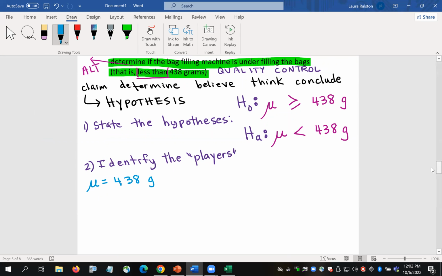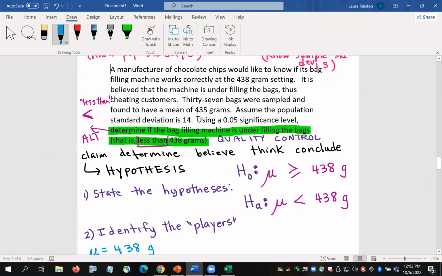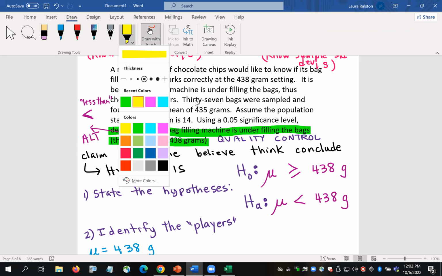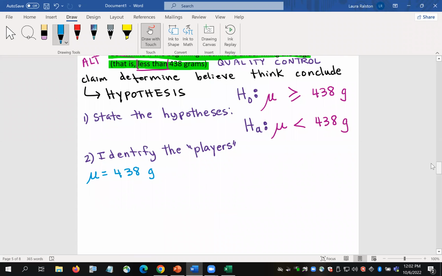Your population mean is always the value that's in the hypothesis. So then I'm going to go back and read a little bit. 438, it is believed. Okay, it says 37 bags were sampled. So that tells me my sample size, and I'll make a note here. This is the population mean. Trying to give you all the details.